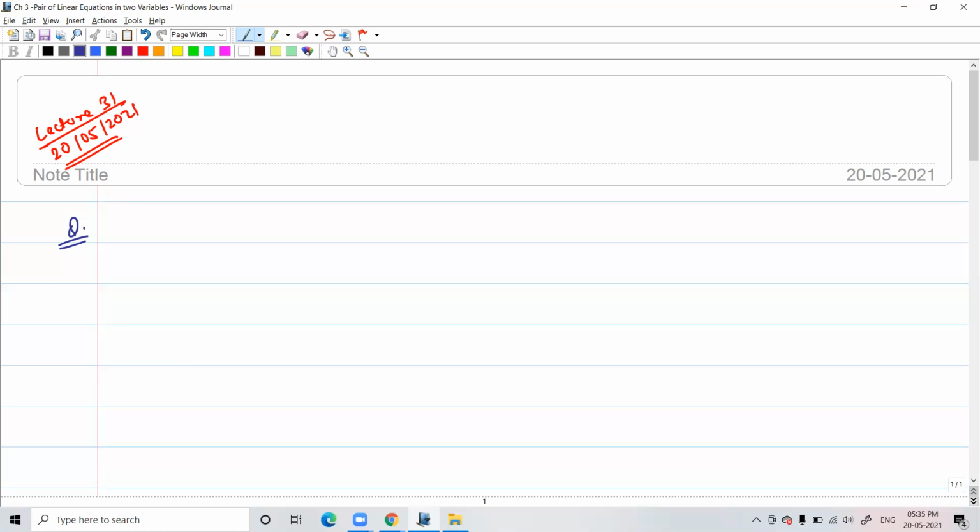Show that there is no positive integer n for which root n minus 1 plus root n plus 1 is rational. Okay. So we have to show that there is no positive integer, right?